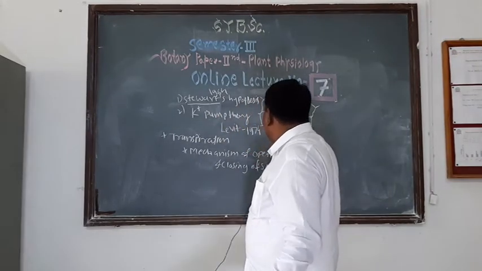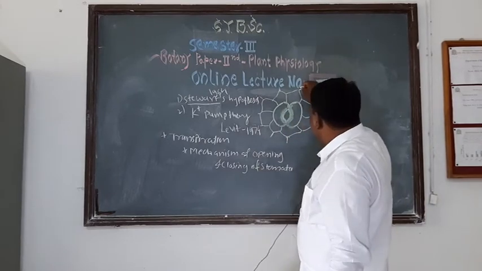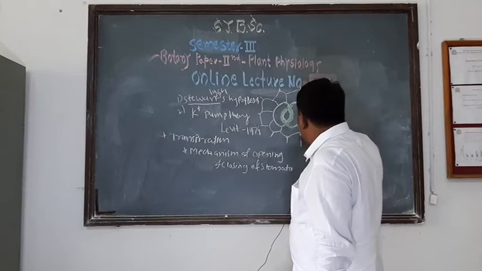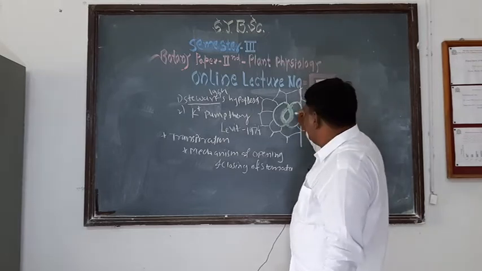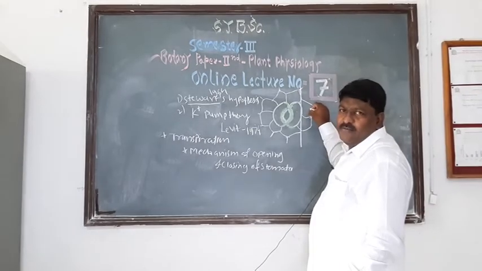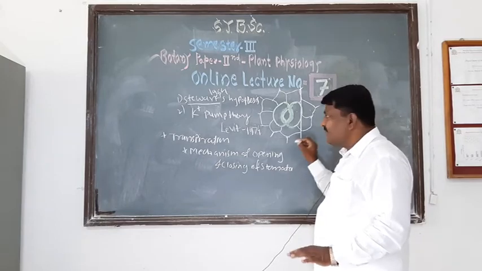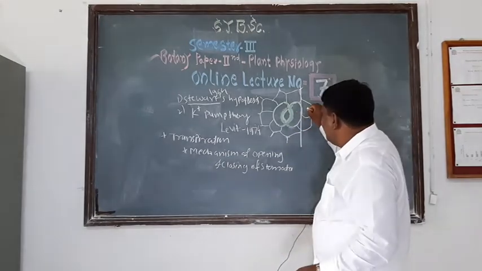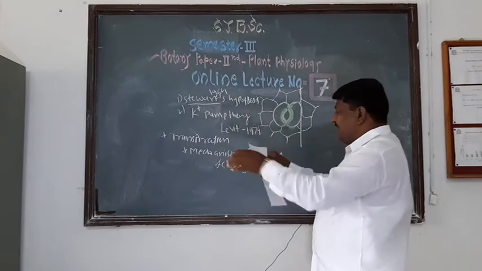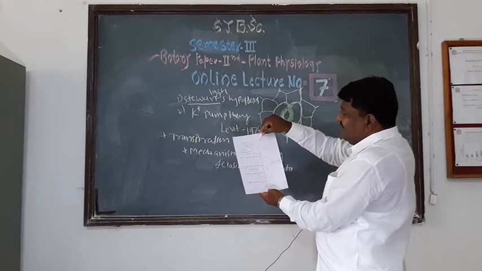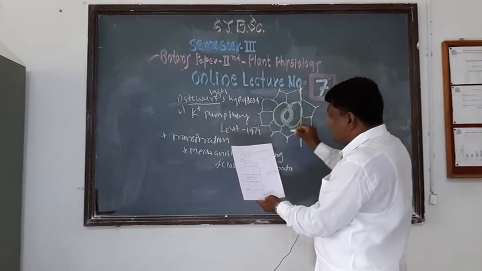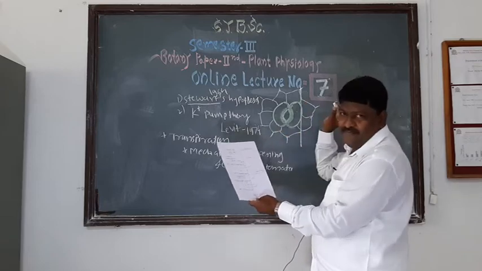According to this theory, suppose this is the guard cell, and these are subsidiary cells or epidermal cells. Understand? This is the guard cell and this is the subsidiary cell. Similarly, these two lines, this line and this line, are the same.